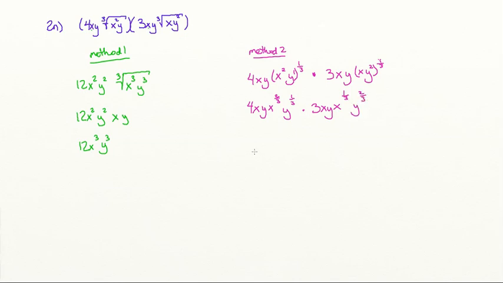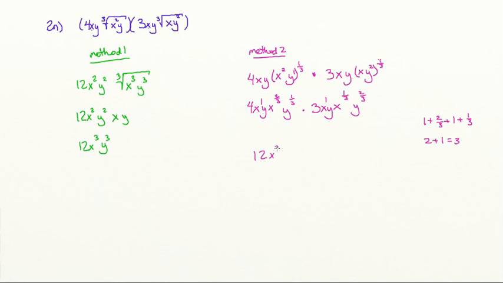4 times 3 is 12. When I multiply my variables, I actually add my exponents. So let's do our x first. We have 1 plus 2/3, 1 plus 1/3. Well, 1 plus 1 is 2. 2/3 plus 1/3 is 1. So I have 3.